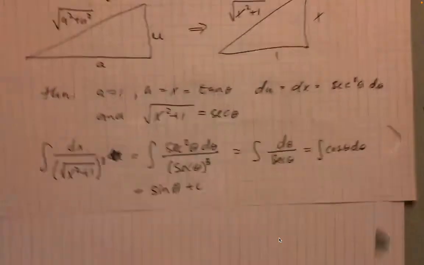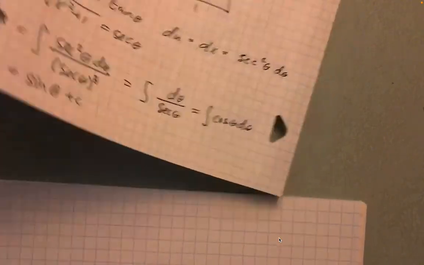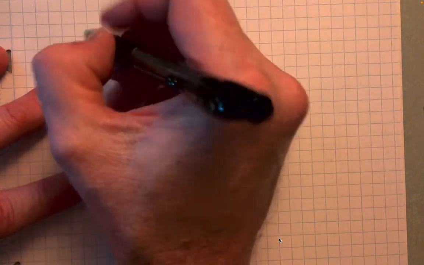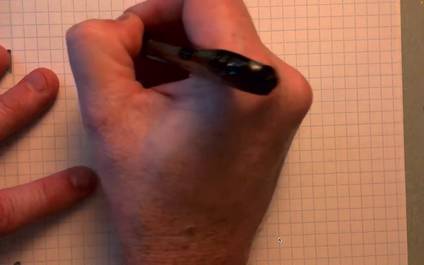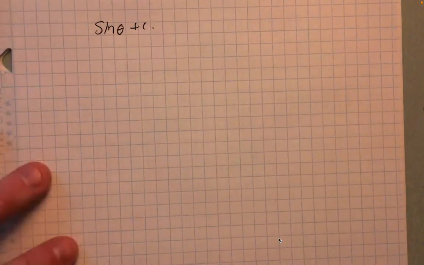Okay. So we get sine of theta plus c, but we need to substitute all of the original pieces back in and get rid of all of this trig stuff. So our integral is sine of theta plus c, right? That's where we left off.